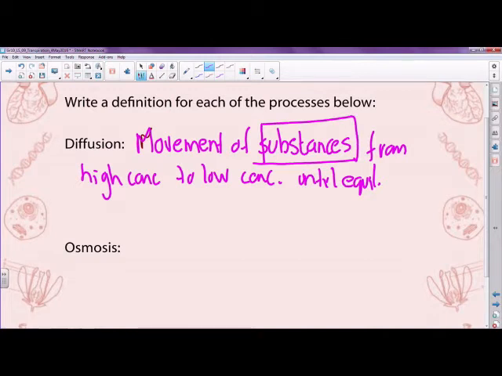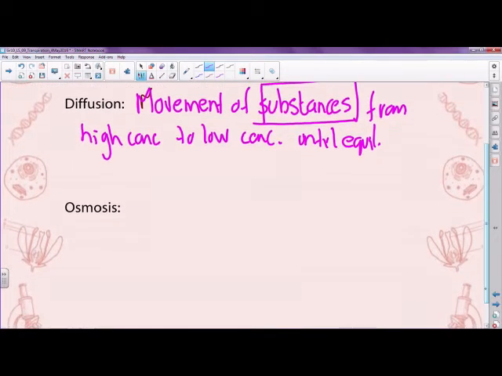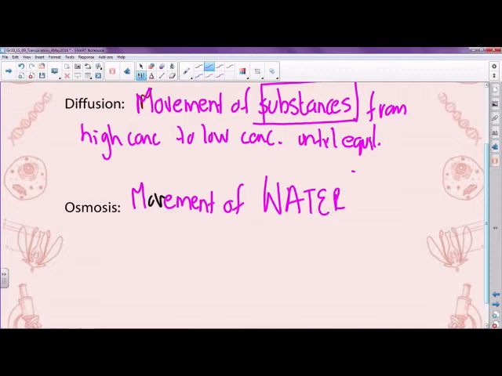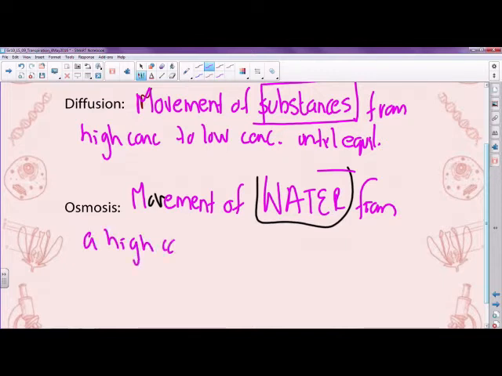Osmosis is the movement of water from a high concentration again, down the concentration gradient. Guys, from high to low.